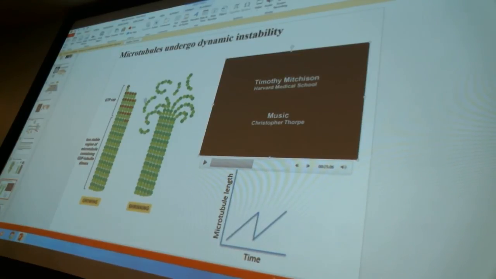As you can see, this process of dynamic instability, just like thread-milling, is connected to the state of hydrolysis. So whether or not individual subunits of tubulin are connected with GTPs or GDP molecules.